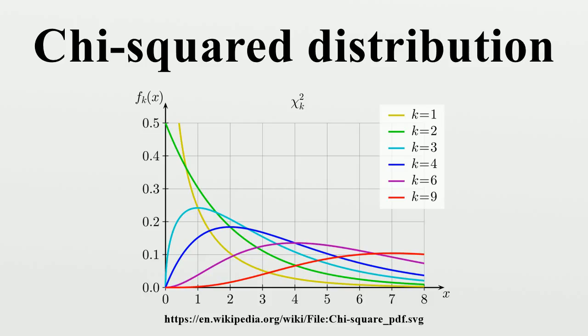Specifically, they showed the asymptotic normality of the random variable where m is the observed number of successes in n trials, where the probability of success is p, and q equals 1 minus p. Squaring both sides of the equation and simplifying gives an expression.